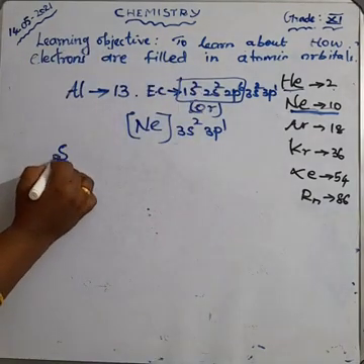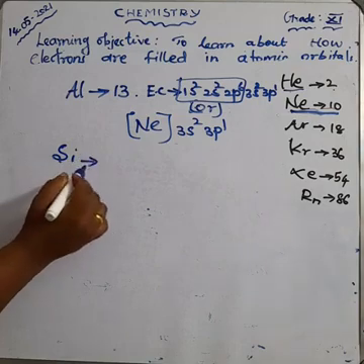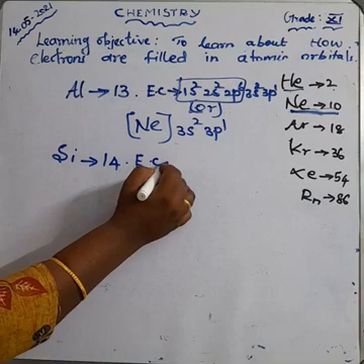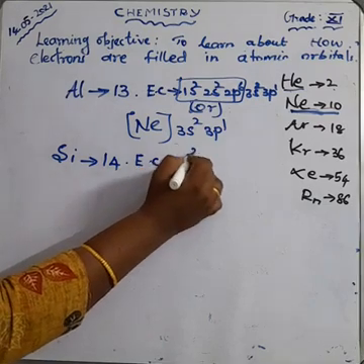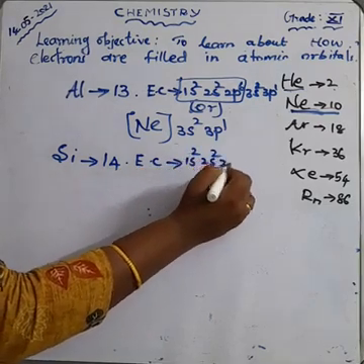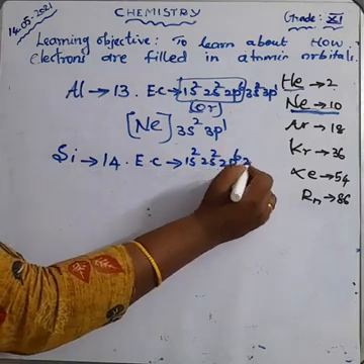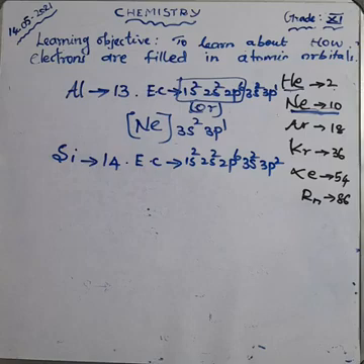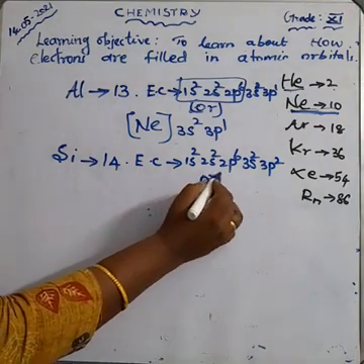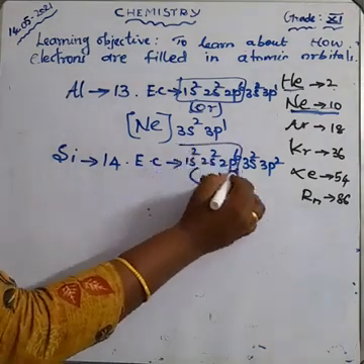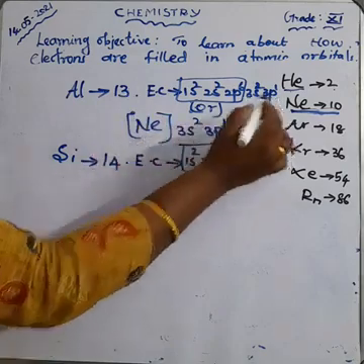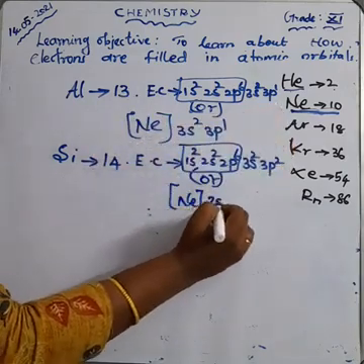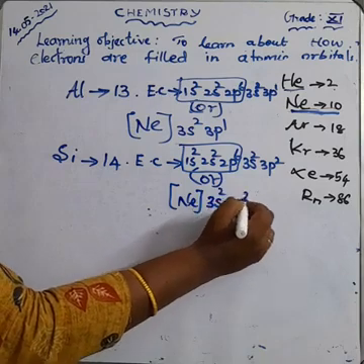Okay, and then silicon, atomic number 14. You know the electronic configuration for silicon: 1s2, 2s2, 2p6, 3s2 and 3p2. You know how to write the short form? Instead of these 10, we can use neon and then 3s2, 3p2.